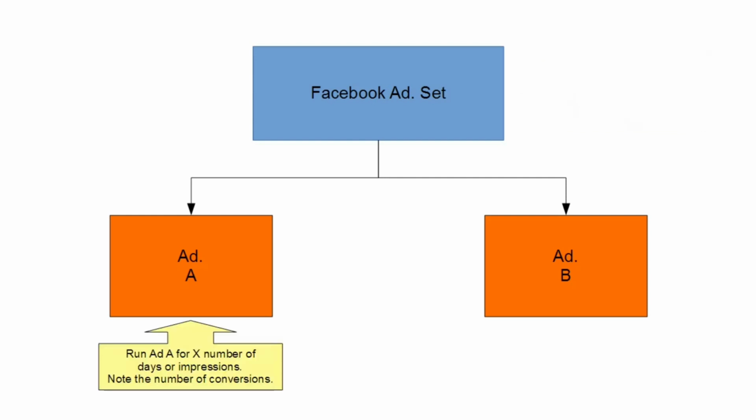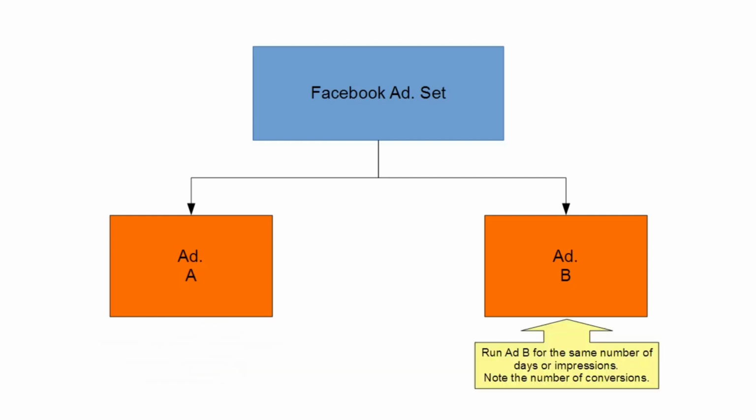So let's say you run ad A for X number of days or impressions. You then note the number of conversions. You then run ad B for the same number of days or impressions, and again you note the number of conversions.